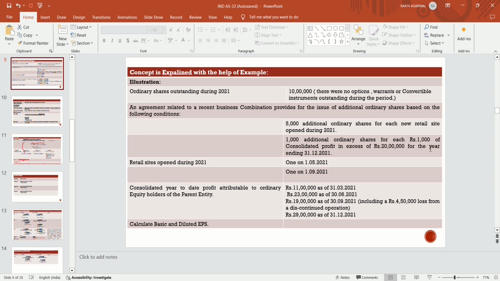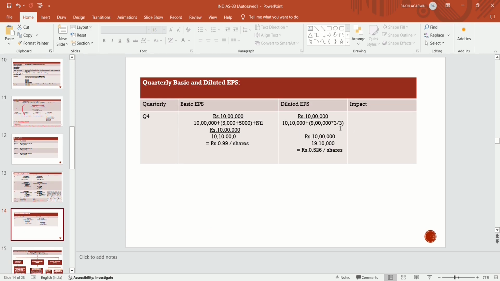So for every 9 lakhs, 1,000 shares, the additional 1,000 shares is to be given. So 9 lakh shares for 3 months divided by quarter 3, so it becomes 19 lakh 10,000. So 10 lakh divided by 19 lakh 10,000, so it becomes rupees 0.526 per share.